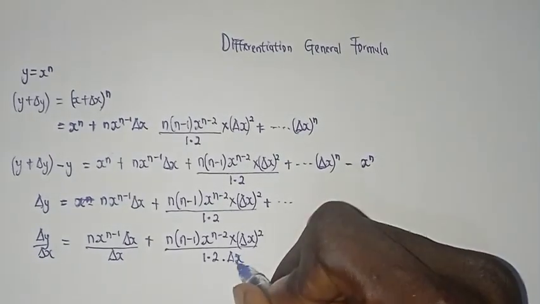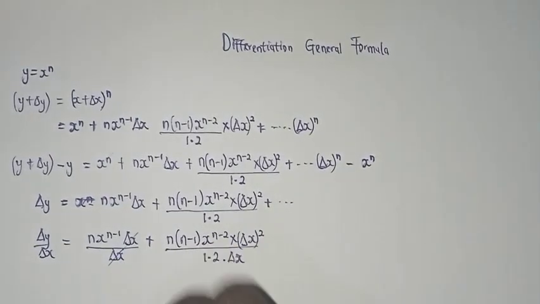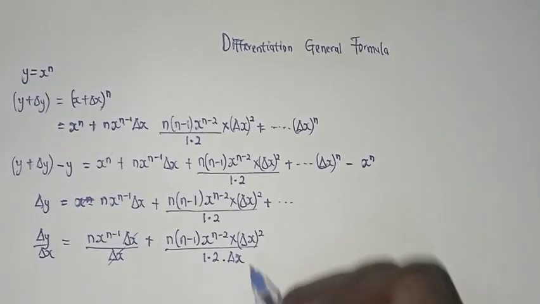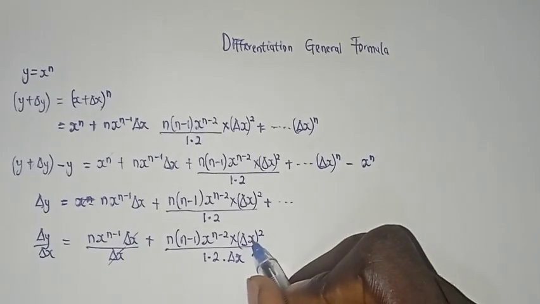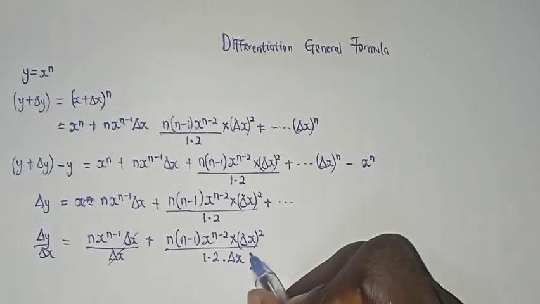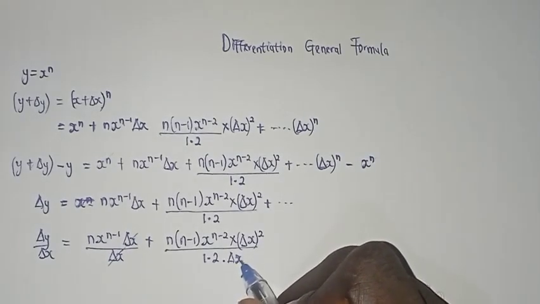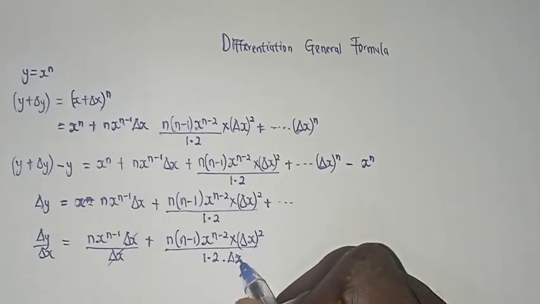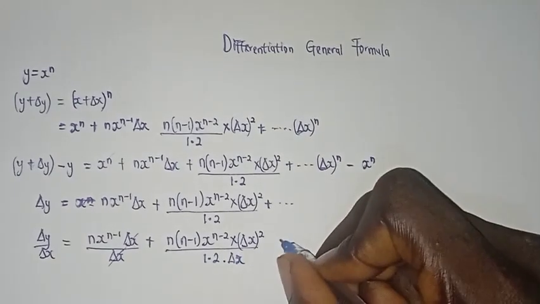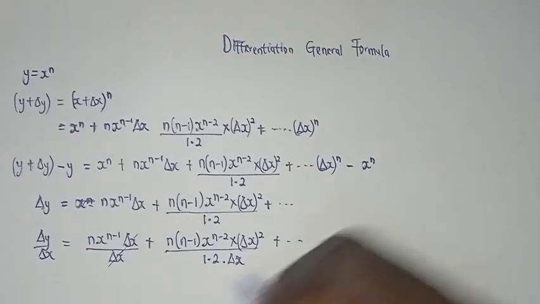So now some things will cancel out. This will cancel out this, obviously, and then delta x is raised to the power of 2 here in the numerator, and delta x is raised to the power of 1 in the denominator rather. So we'll subtract the powers. We'll have this left.